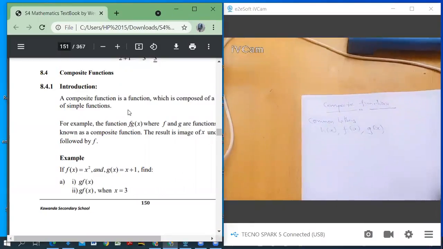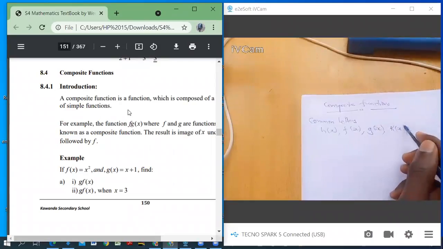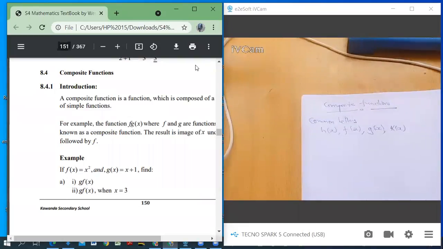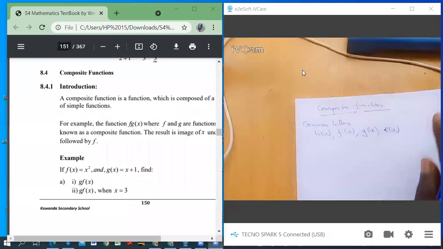We can even have k of x. We can use any letter of our choice.